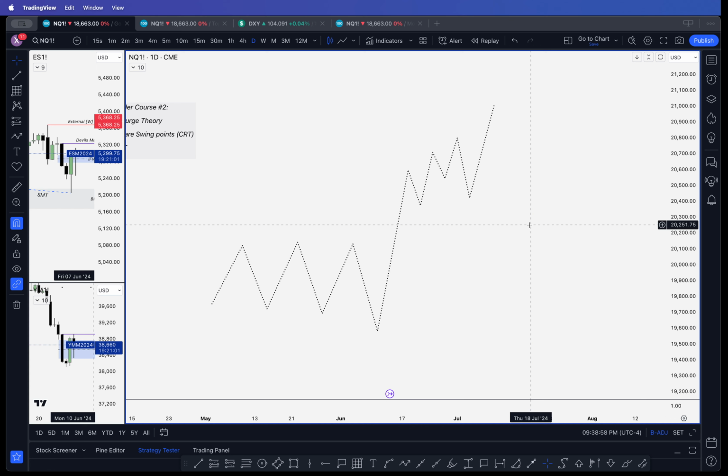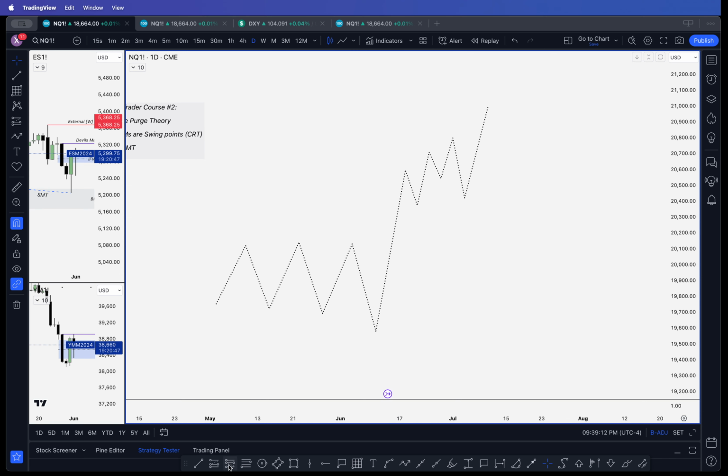So in the same way that we get accumulations usually purging both sides of the range, the double purge theory talks about how market makers will at times, leading up to a large institutional move, take out both sides of the market. So they will liquidate both parties of liquidity. Let's just make this a little bit lower.